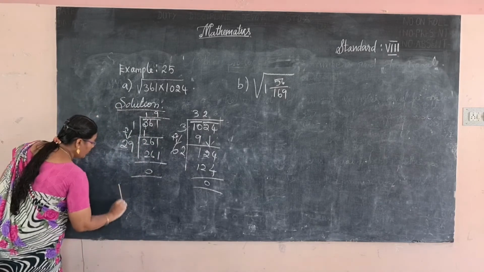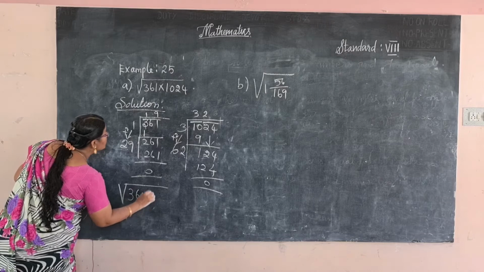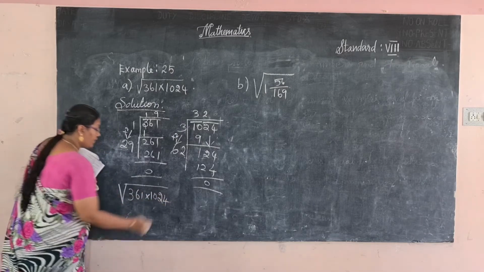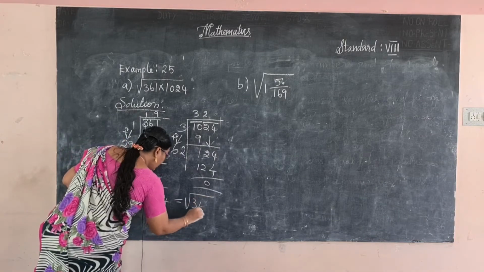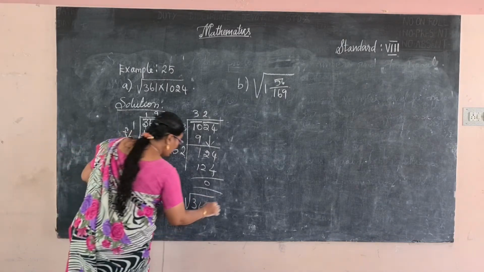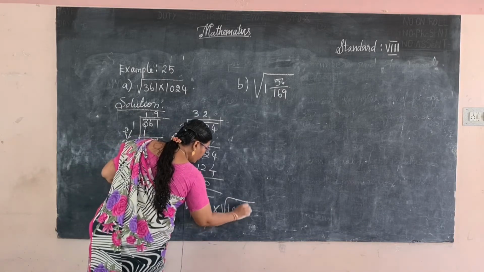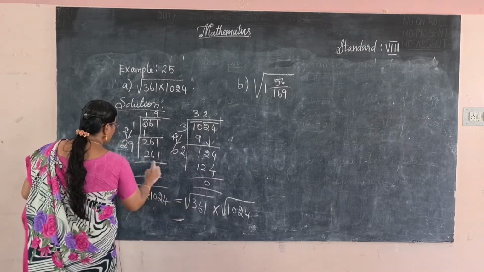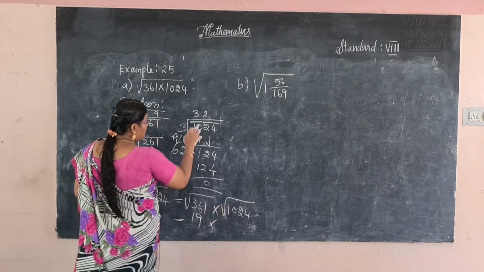Now what is given? 361 into 1024, the product of the square roots. So it can be written as the square root of 361 times the square root of 1024. We already found the square root of 361, which is 19.